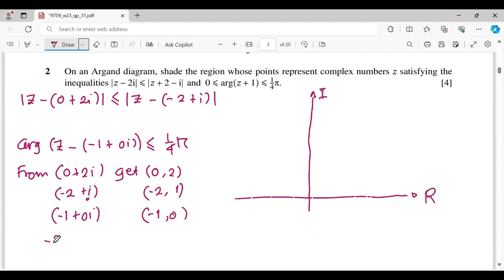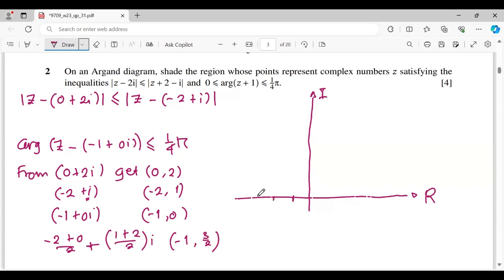And the midpoint, we get coordinate point minus 1, 3 over 2.